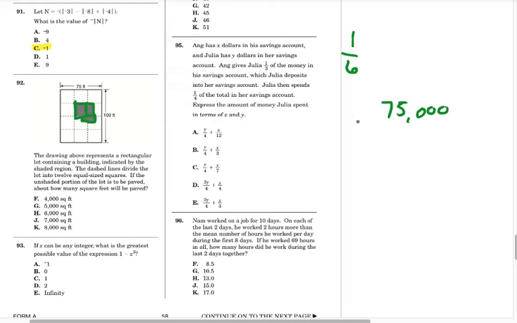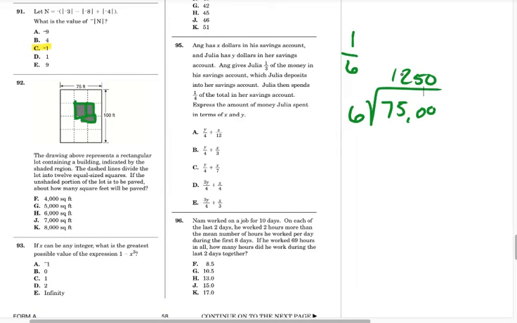75,000, sorry. No, 7,500. Erase that 0. And then we have to do divided by 6 times 5. Okay, divided by 6 would be 1250.